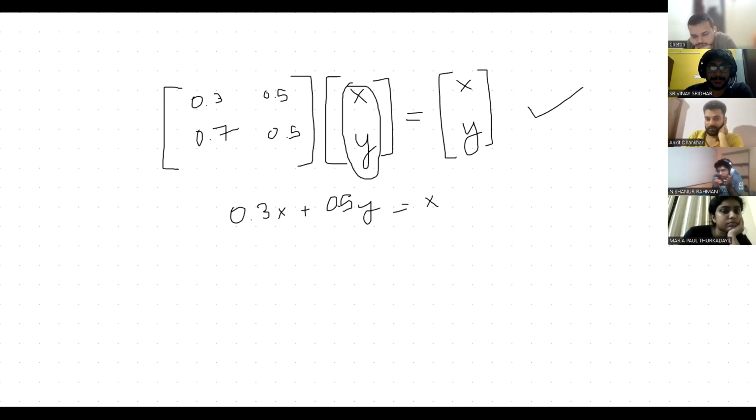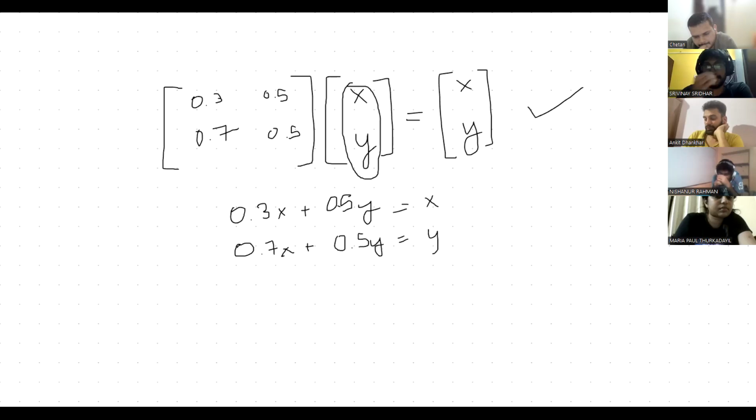The next equation would be 0.7x plus 0.5y is equal to y. And from the two equations, what I noted is y by x is equal to 0.7 by 0.5. There is a ratio you're talking about. Yeah, we can just simplify now.